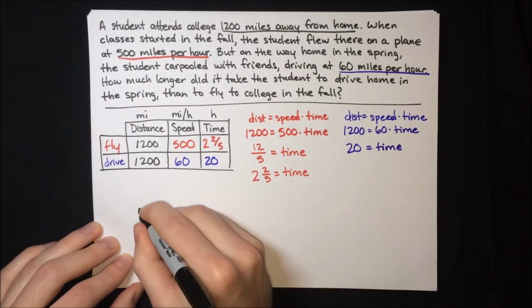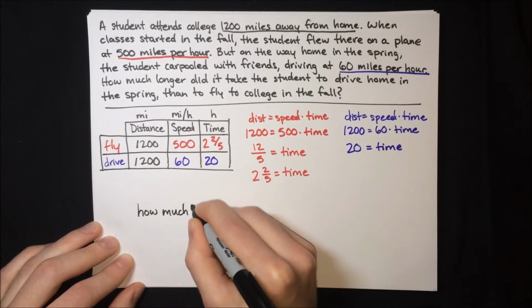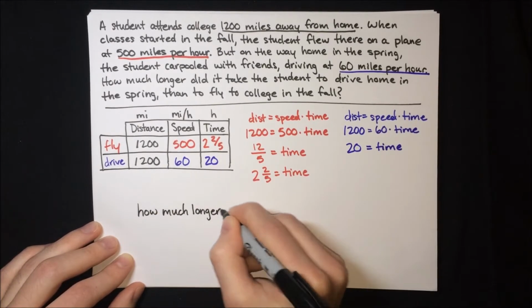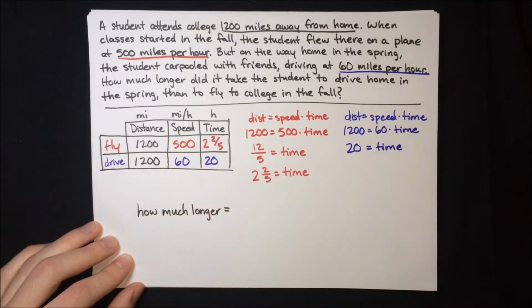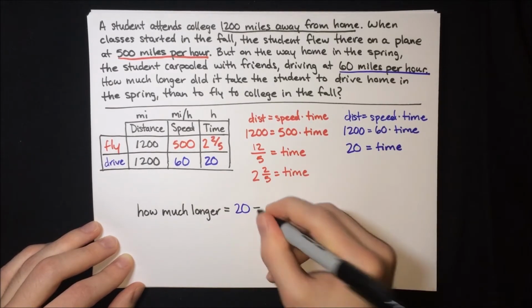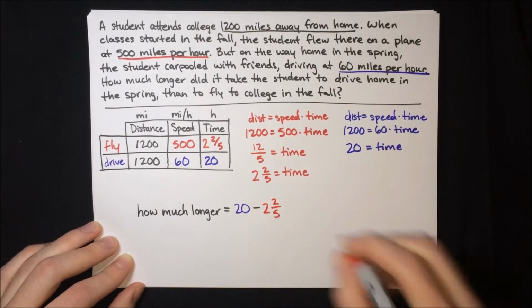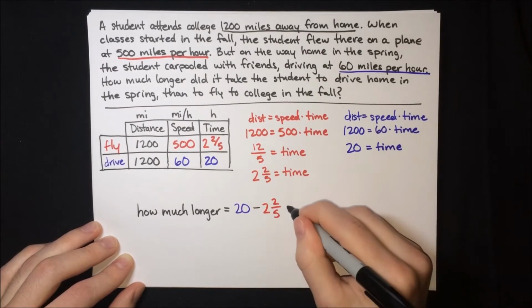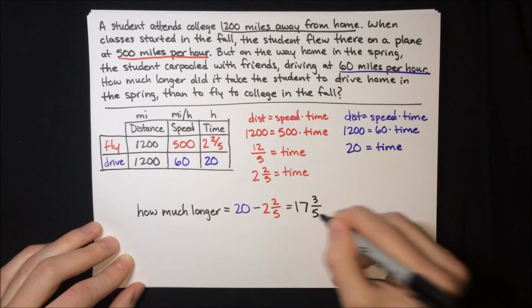And then our question asks for how much longer. Well, that's just the driving time minus the flying time. So that's 20 minus 2 and 2/5, which is equal to 17 and 3/5.